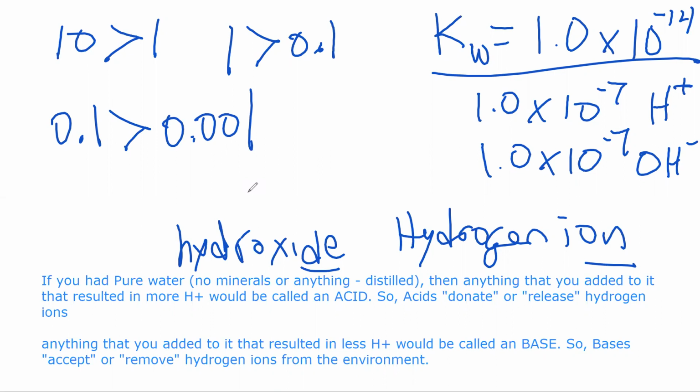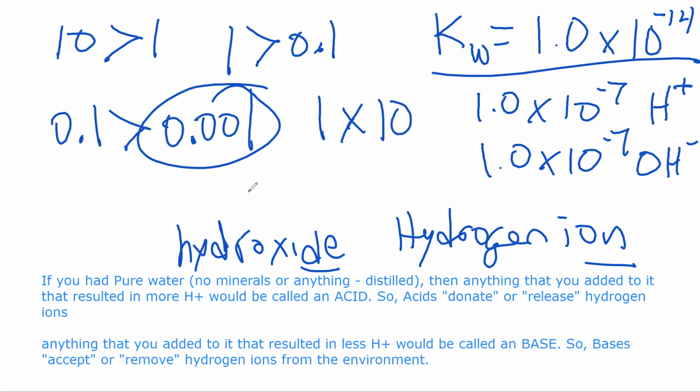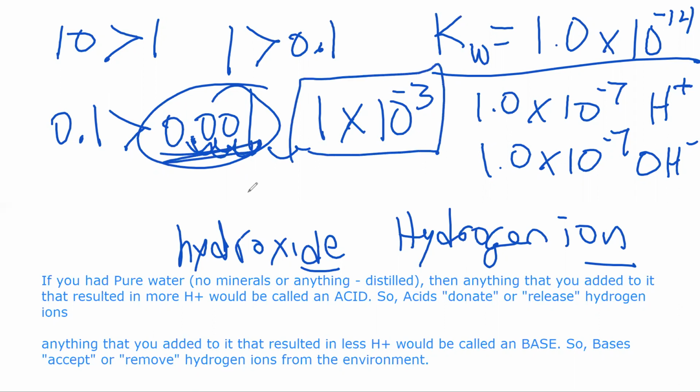So the way we represent, let's say this number right here is 1 times 10, because that's what it is, times 10, 1, 2, 3 times. Okay, 3 times. Because you went to the left, it's going to be a negative. That's how many times the decimal would have to go to the left in order to be the actual number. So we represent this with scientific notation.